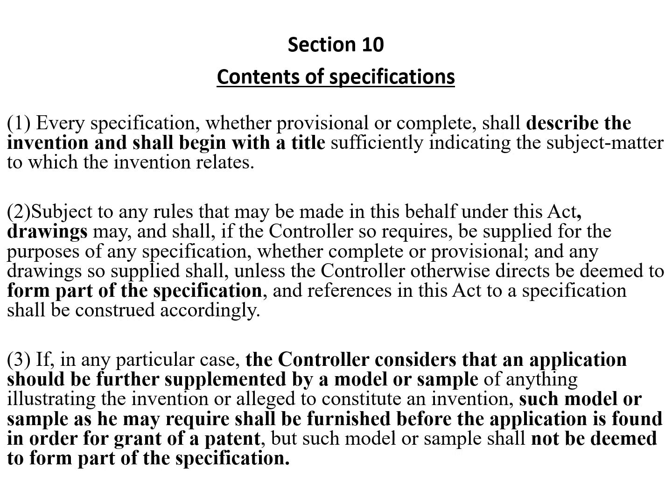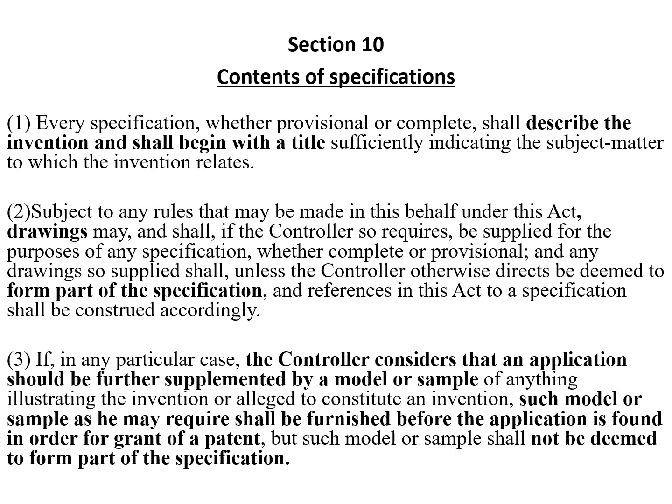Subsection 3 of Section 10 says that if the controller considers that the specification should be supplemented by a model or a sample, that is, a model or sample is required for better explanation of the invention, then such model or sample has to be furnished before the application is granted, but such model or sample shall not be deemed to form part of the specification.